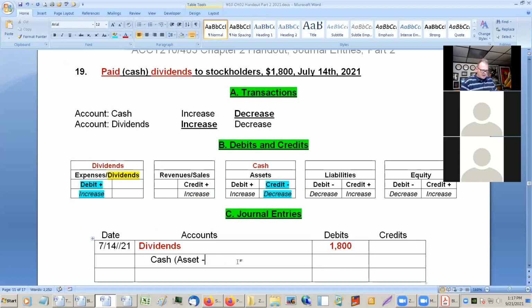And again, you do not need to write this in here when I'm doing that. You just need the account. This is all you need. I just put that in there to kind of show where the debits and credits come from.